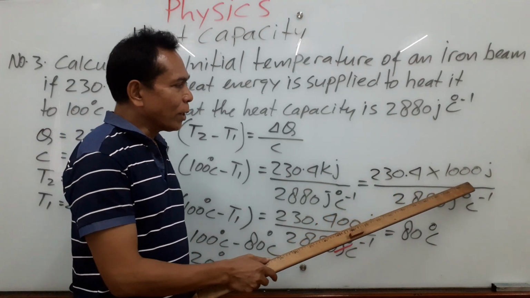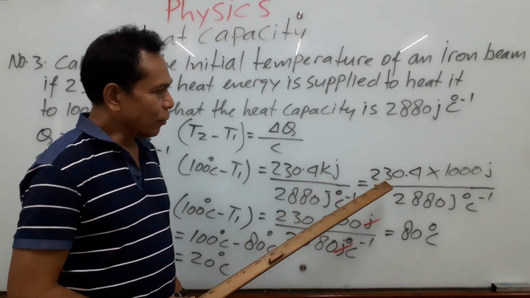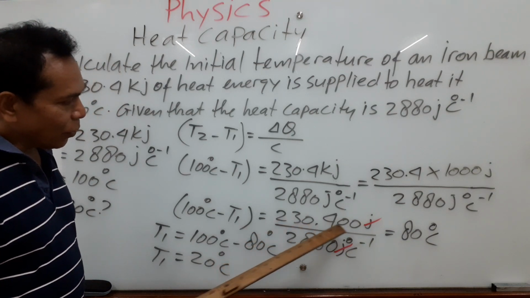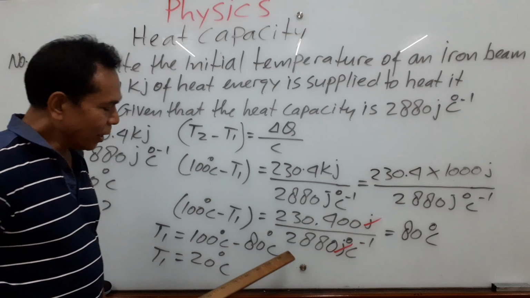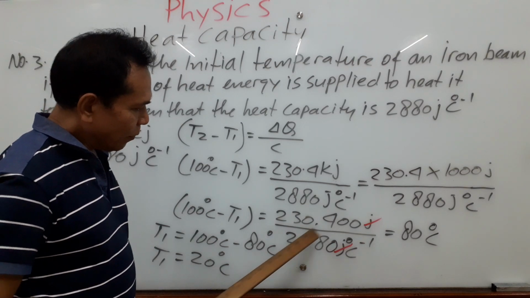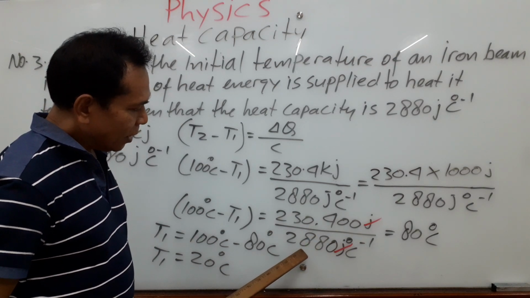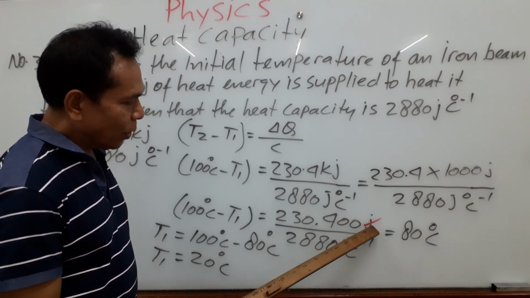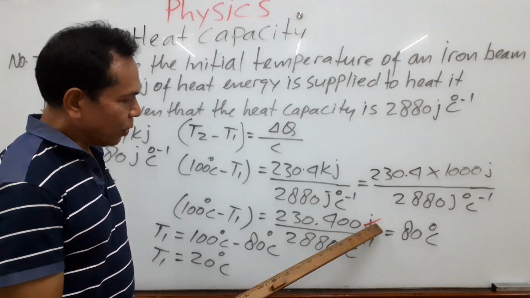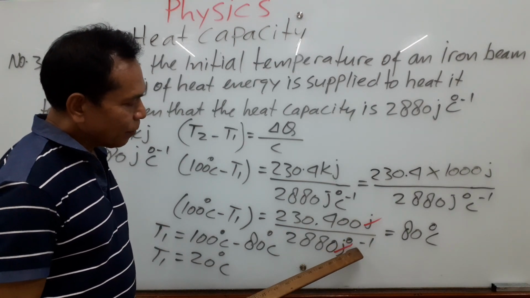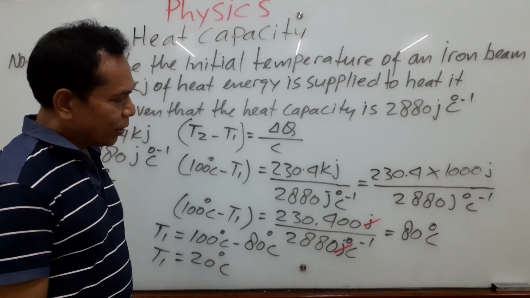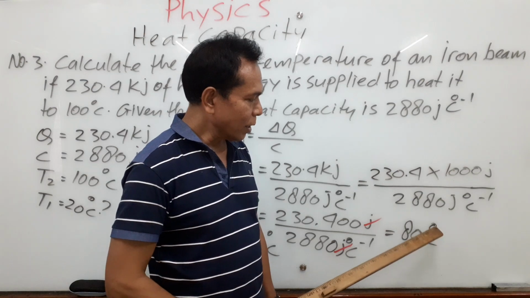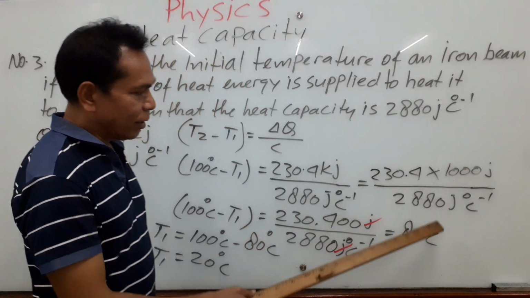So we multiply with 1000, we get 230,400 joule, divided by 2880 joule degrees Celsius power minus 1. Okay, we have joule here, we cross the joule out, we leave behind degrees Celsius power minus 1. So we bring this degrees Celsius power minus 1 up here, it becomes degrees Celsius power 1, okay, degrees Celsius.